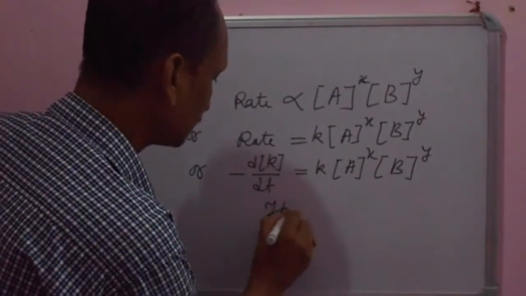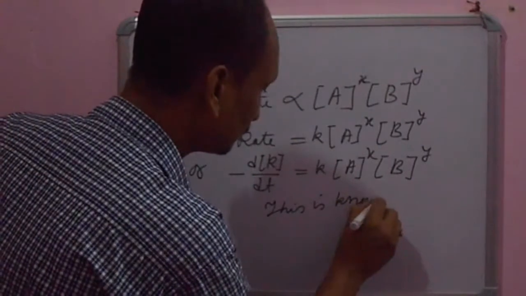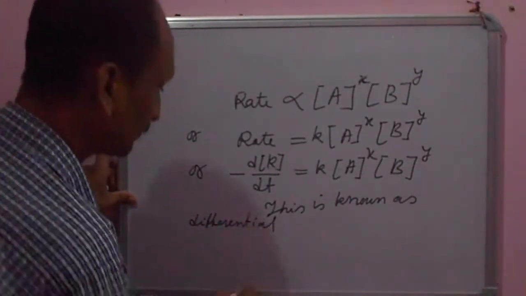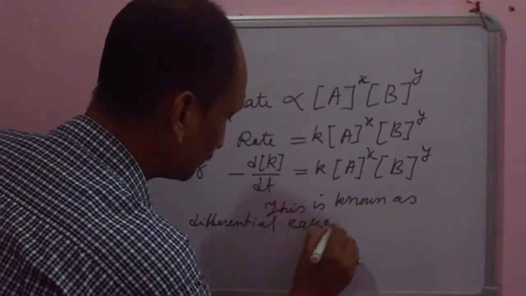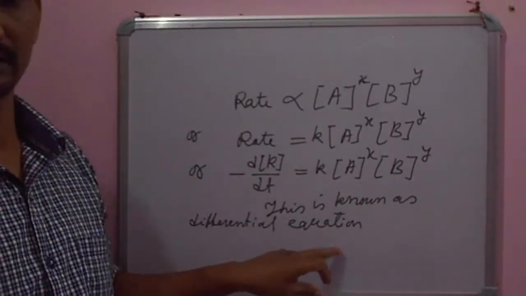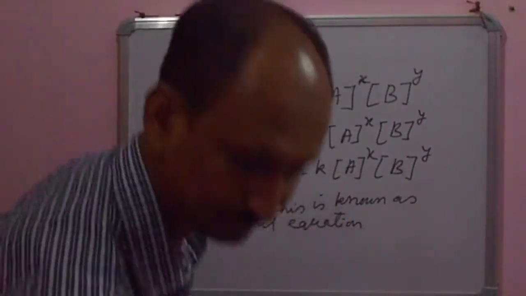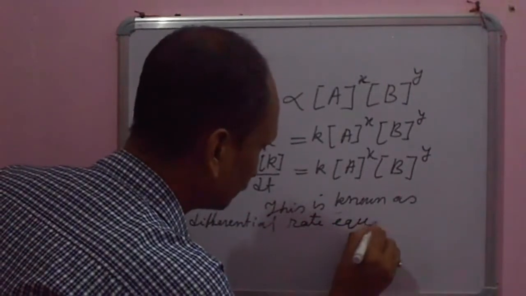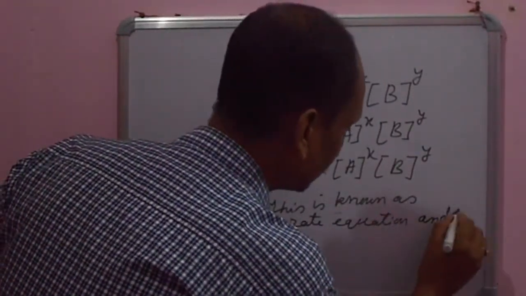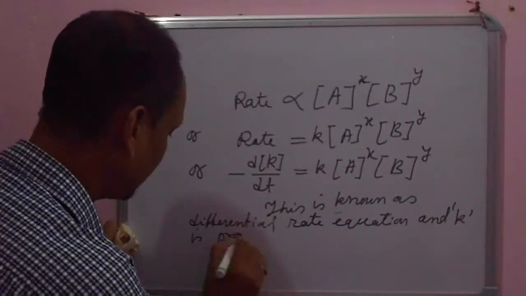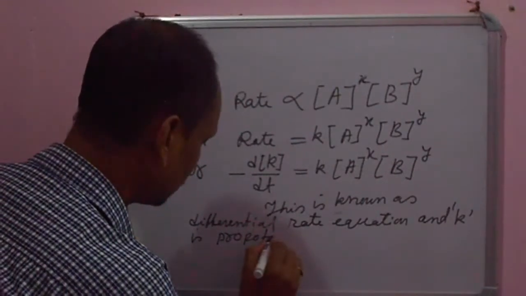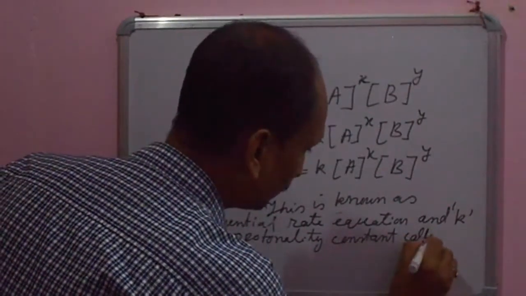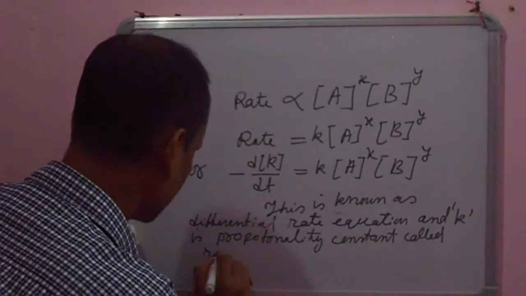This is known as differential rate equation, and k is the proportionality constant called rate constant.